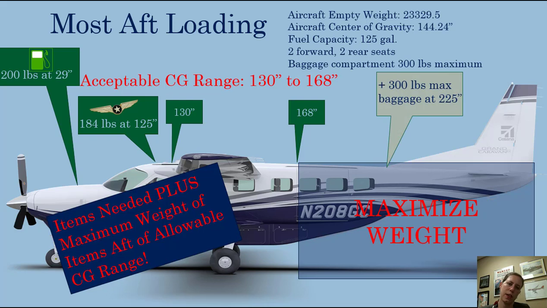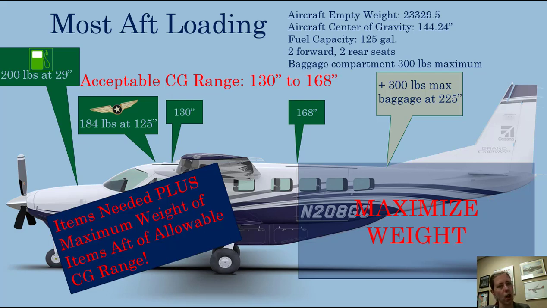The baggage, let's look at that first. 225 inches is well aft of 168 inches. It definitely falls in our shaded rectangle where we're going to maximize that weight, and we have 300 pounds capacity, so we need to put 300 pounds in for our theoretical calculation. What about the rear seats?